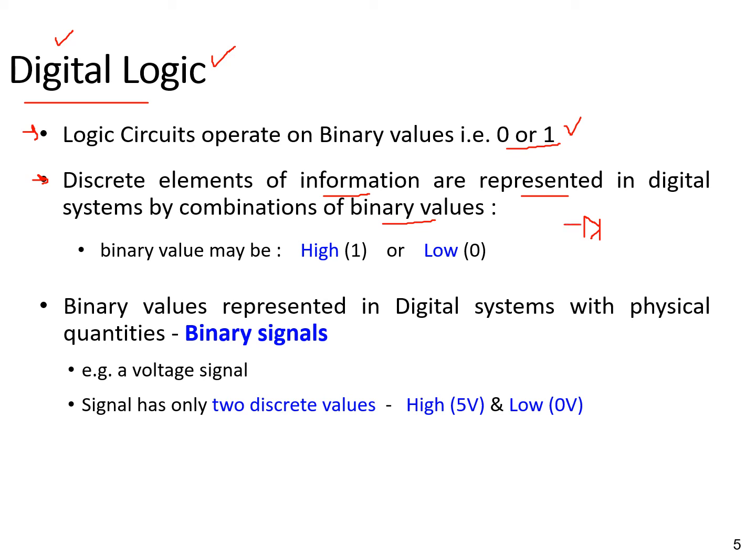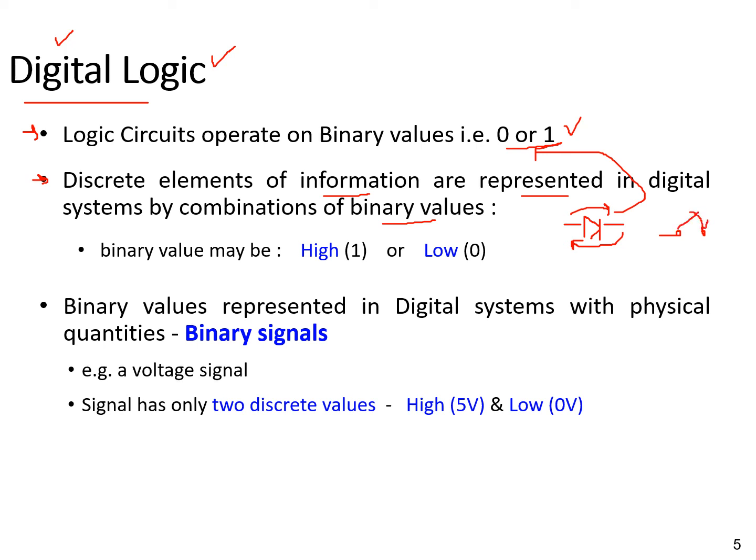One is the forward operation mode and another is the reverse operation mode. So this device can be configured in two states. Those two states can be represented by two binary values, zero and one. A switch may occur in two states: either open or closed.